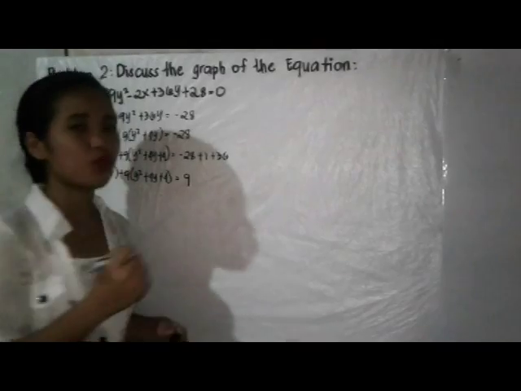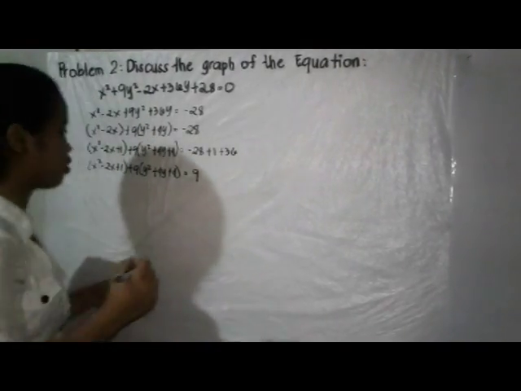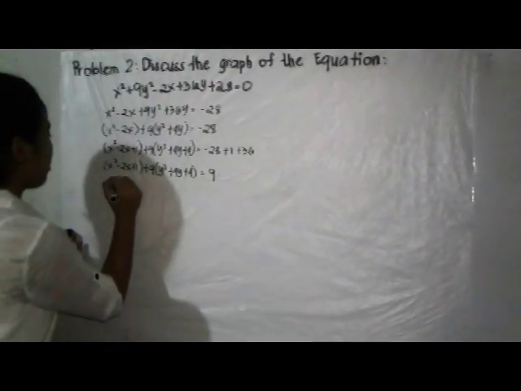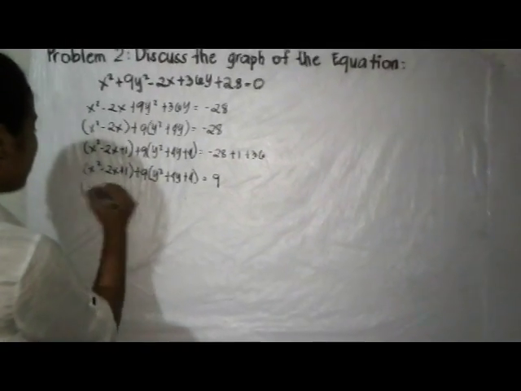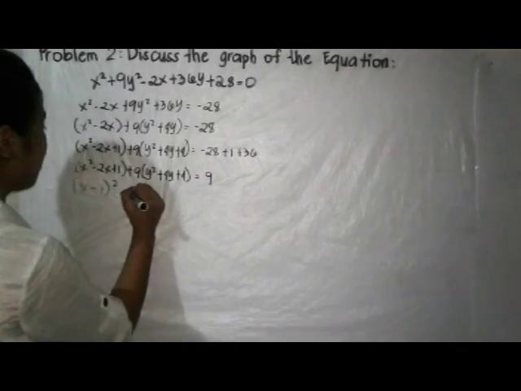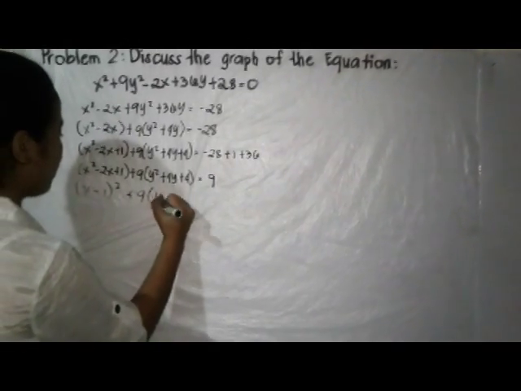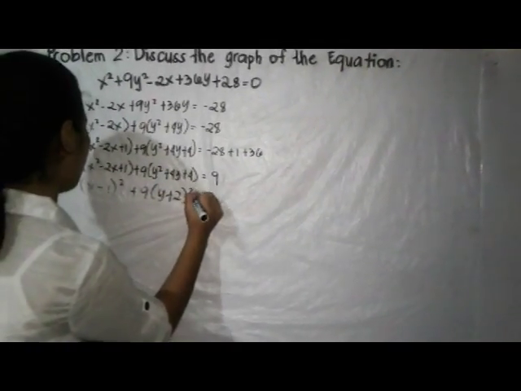Then next we proceed to the factoring method. So we have x minus 1 squared, then 9 times y plus 2 squared, equal to 9.